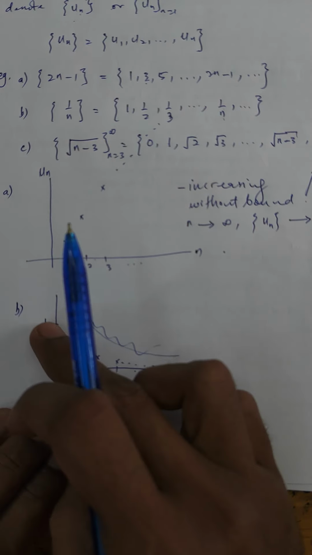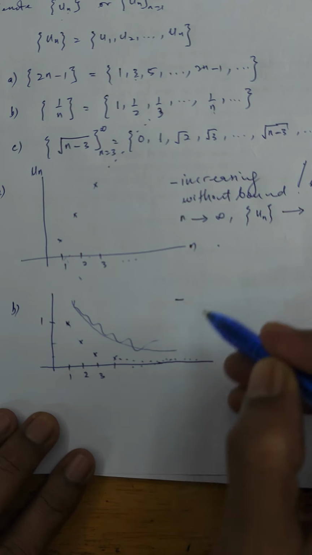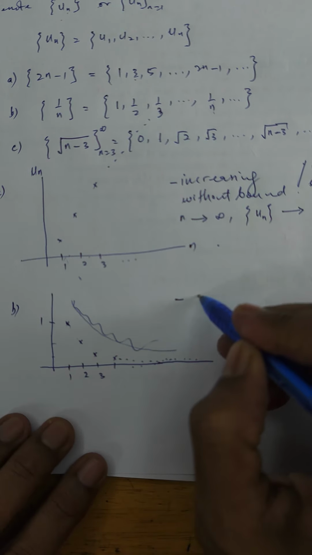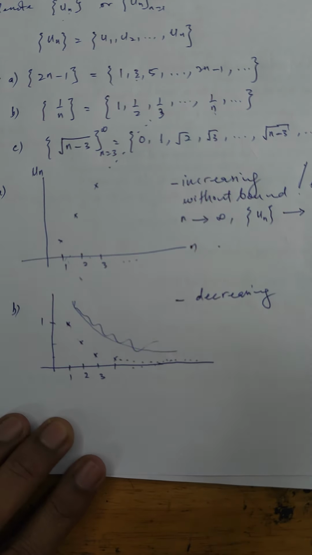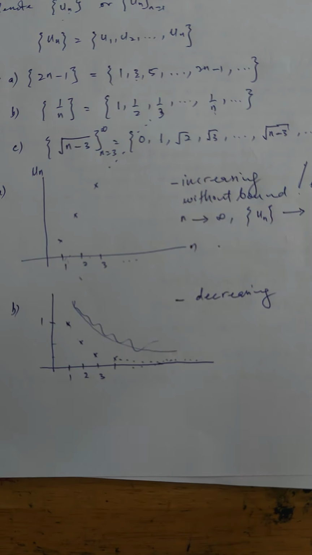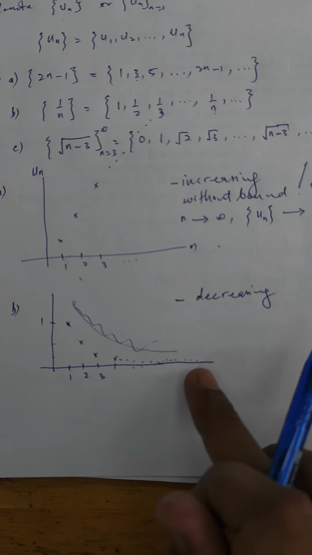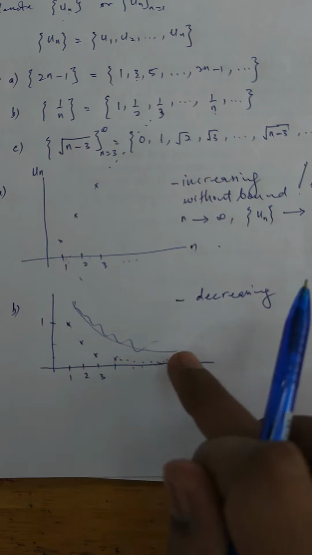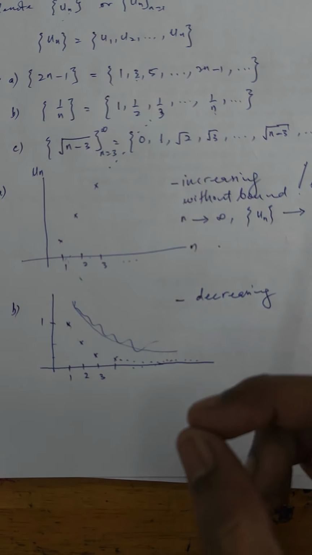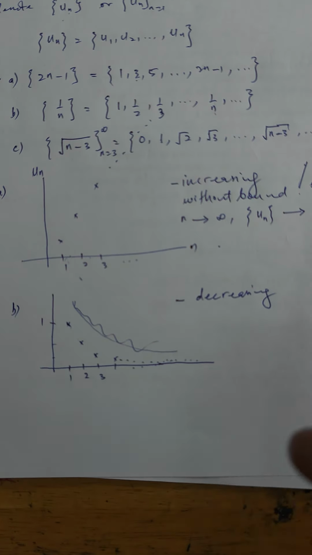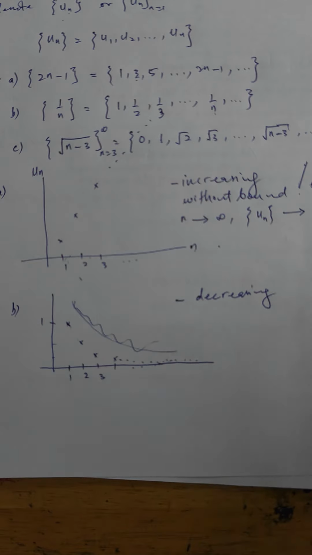Okay, so in this case, we say this sequence is decreasing. The bigger the n, the smaller the element of the sequence is getting, and later on it approaches 0. Very close to 0 but not 0.